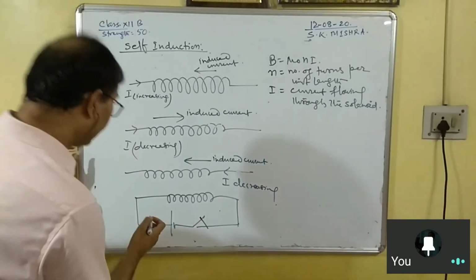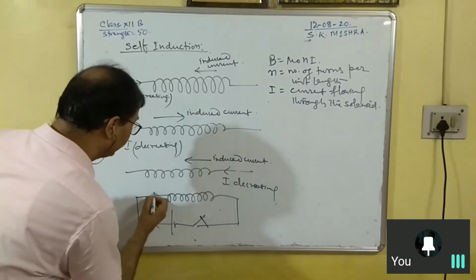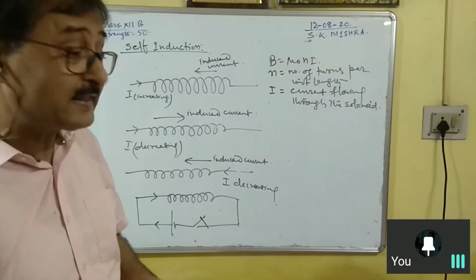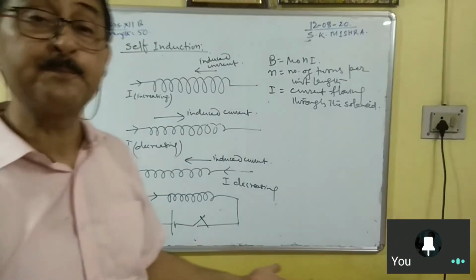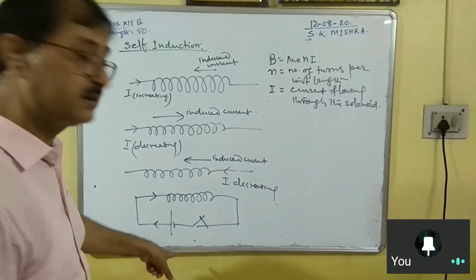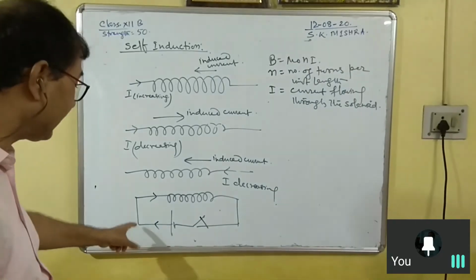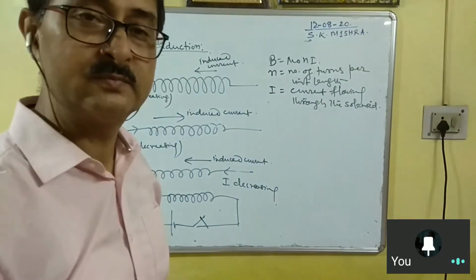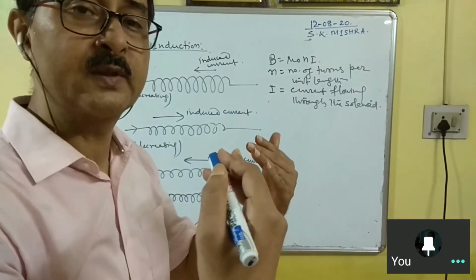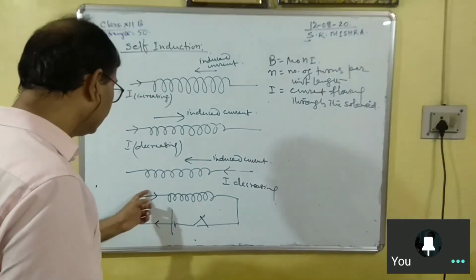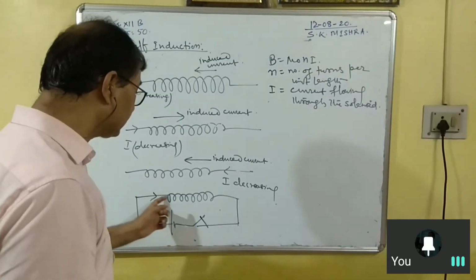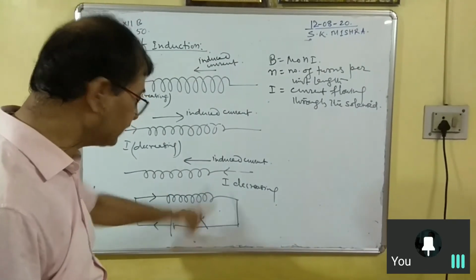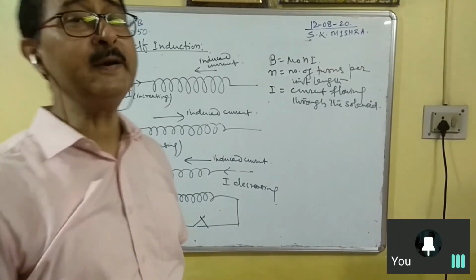Now an increasing current starts flowing through the coil. Why? Earlier the current was zero when the switch was open. The moment you close the switch, the current starts growing from zero to some value. So a growing current starts flowing through the circuit. Now think, the moment you open the switch, what will happen?